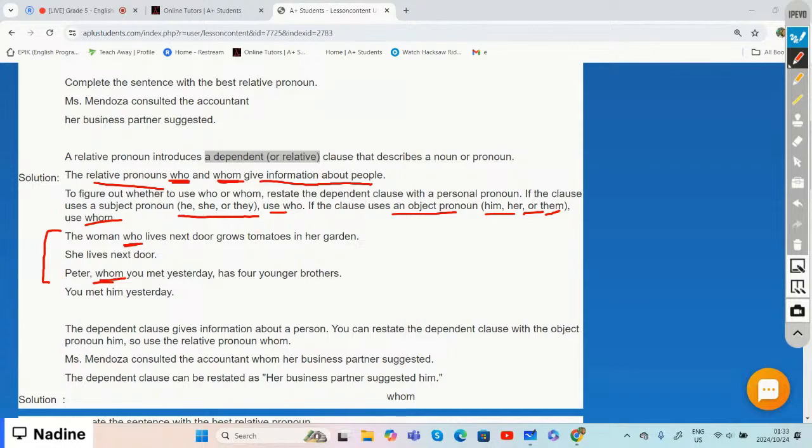Which means that if we want to say Peter, whom we met yesterday, has four younger brothers, it means that we met him yesterday.